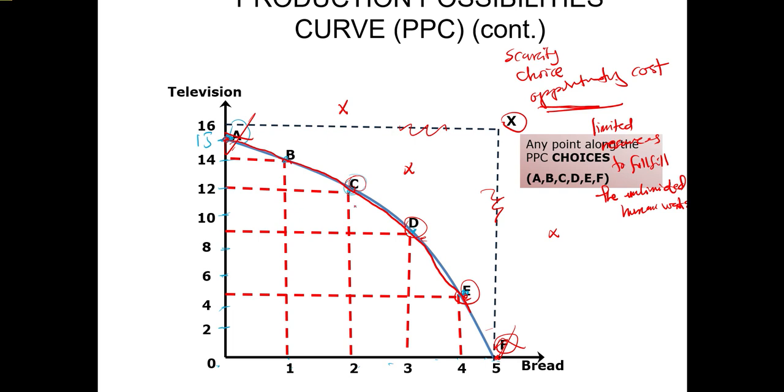If they want more balance between bread and TV, they will opt for point D, maybe because at D it is 9 TV and 3 bread, or they will opt for point E. Point E means 5 TV and 4 bread, more balanced. It depends on the wants of the people inside the country.